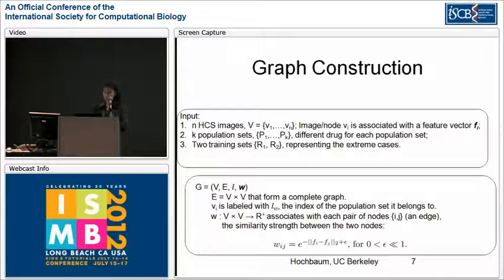But here, this particular function is the exponent of minus the distance in the Euclidean space between the two feature vectors of i and j. So that accounts for the fi minus fj.